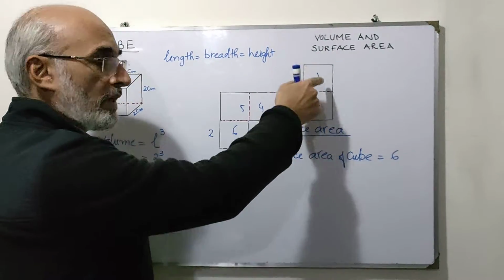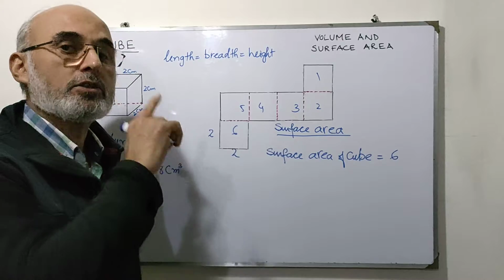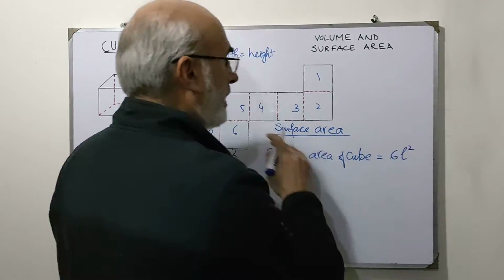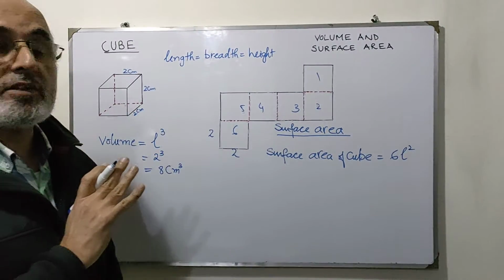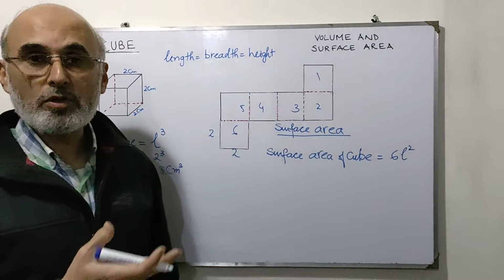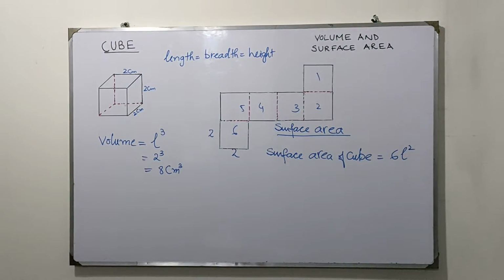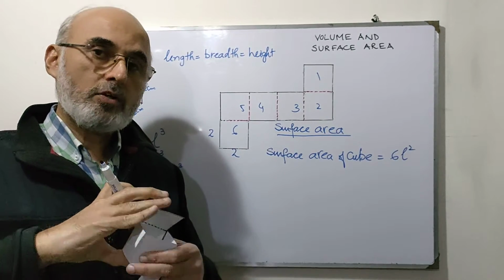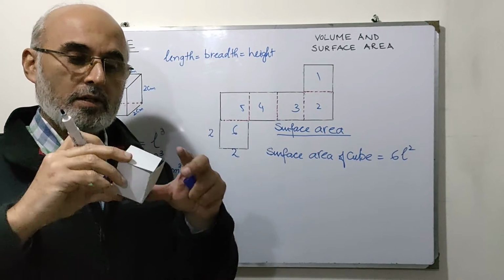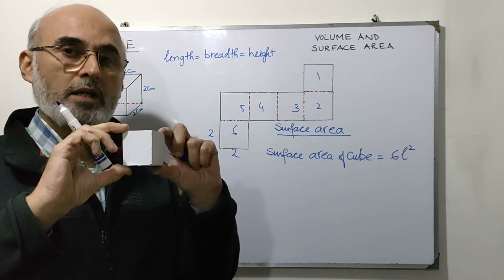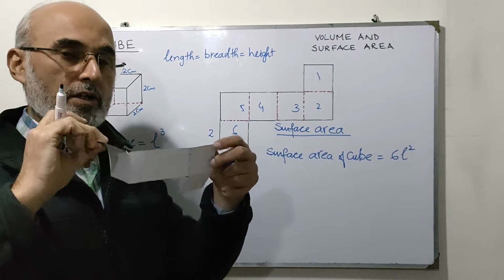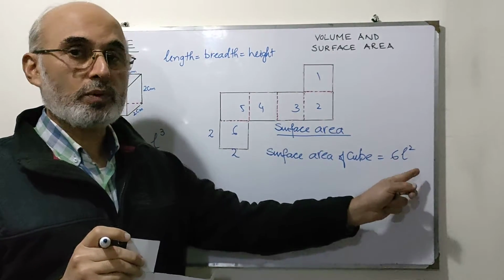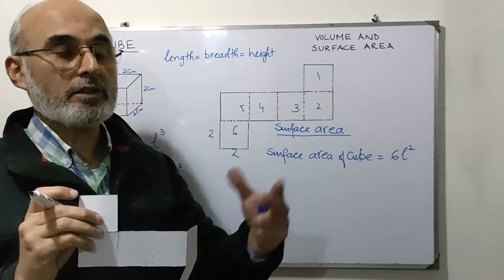So we have 6 squares and the area of each square is L square. By this we will get the surface area of the entire cube, because these are the 6 faces. When I unfolded the cube, I got 6 squares, and all the squares are equal.